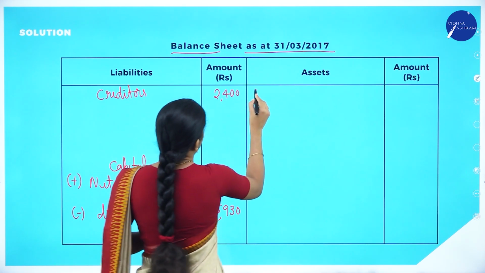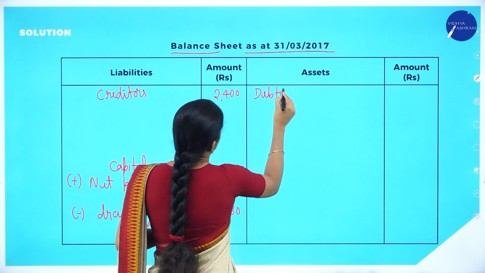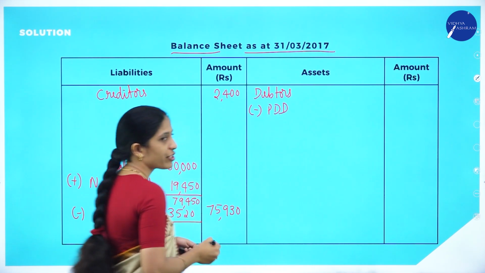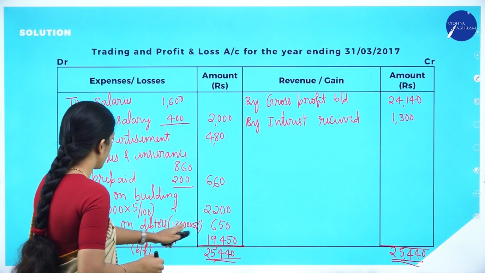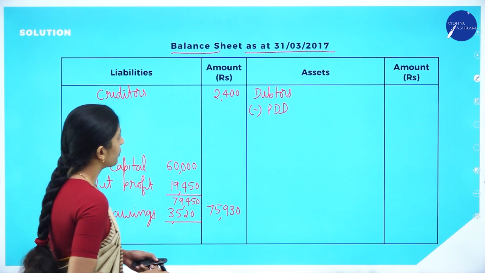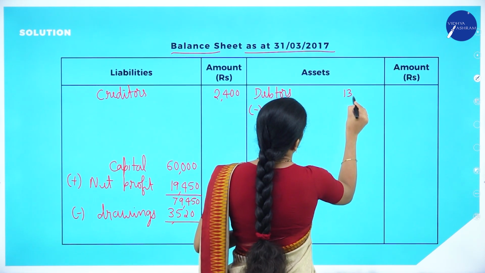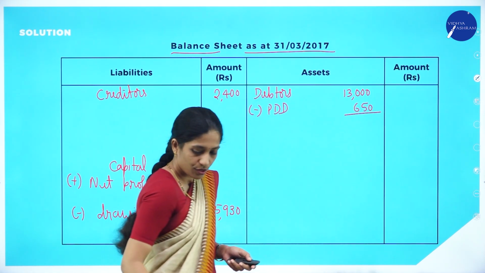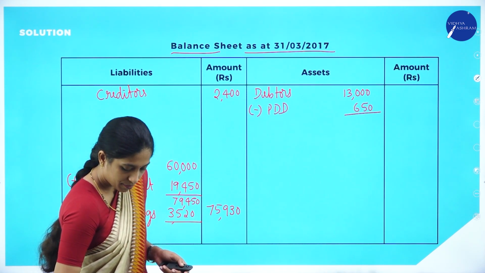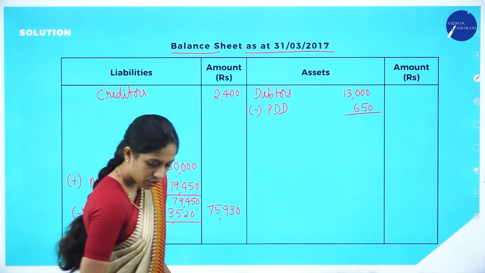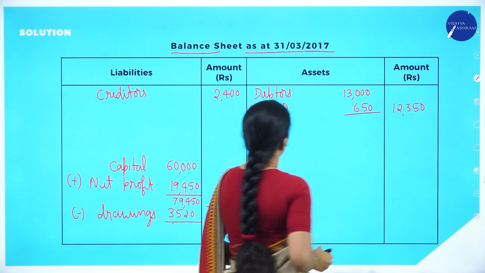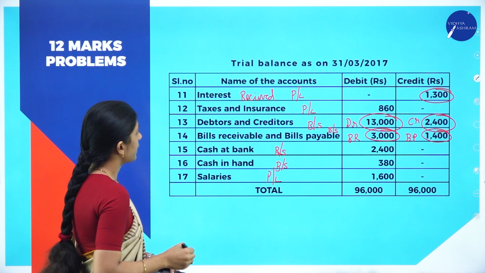And we have PDD also. So minus PDD, in the adjustment we have PDD which you have recorded here, that is 650. So 13,000 minus 650, we'll get 12,350. So debtors is done, creditors done.